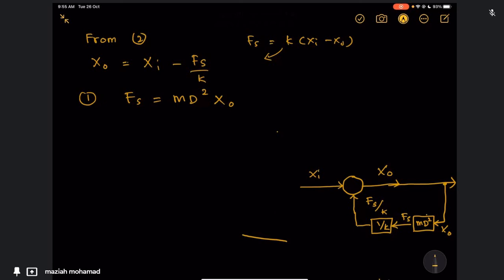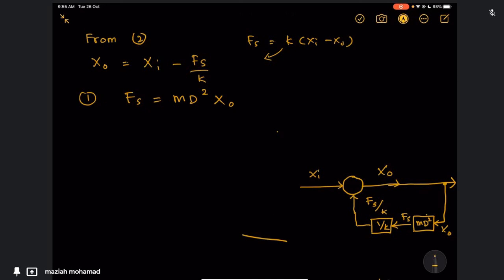It will be quite confusing if you are not used to drawing block diagrams, you will get confused. So that's why my tip is to start with the equation that contains md square, meaning the main equation for the system.